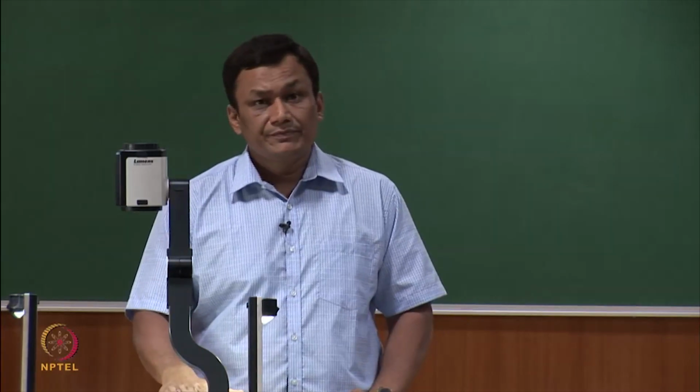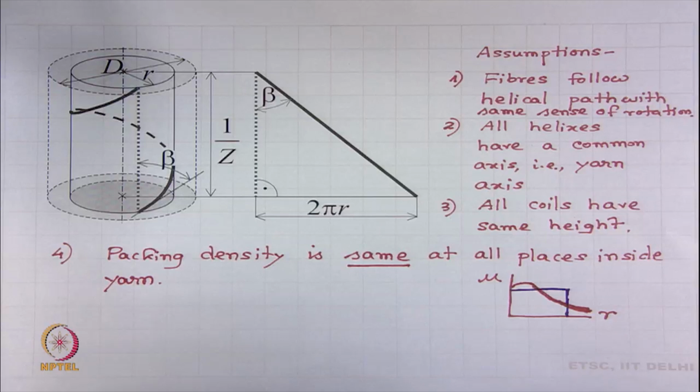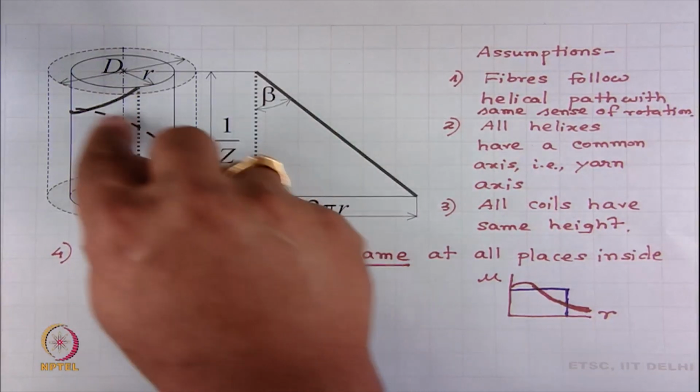Now, this image you see is basically a yarn cylinder. It has a diameter capital D, and inside this cylinder of diameter D there is one small cylinder of radius r, where a fiber helix is shown.